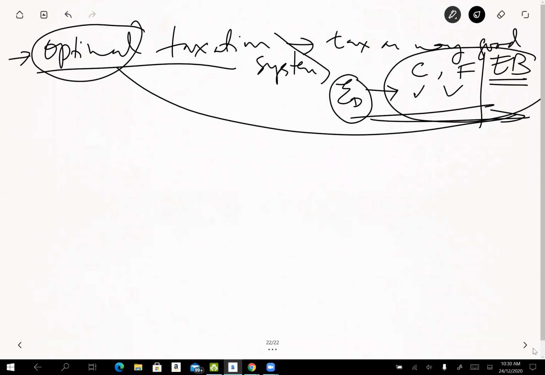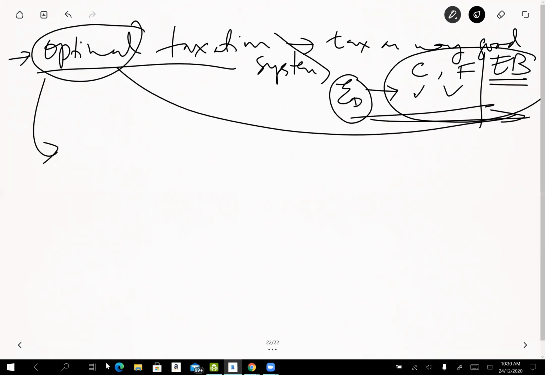So now, what is the rule here? When the government designs a tax system and you want to have optimal taxation, the rule is you want to minimize the total excess burden. Okay, so the rule here, you want to tax many goods, and then you want to tax to minimize the excess burden.